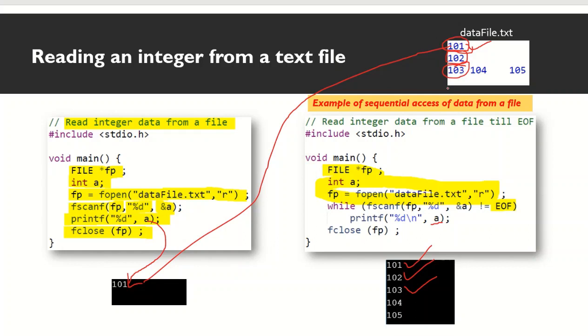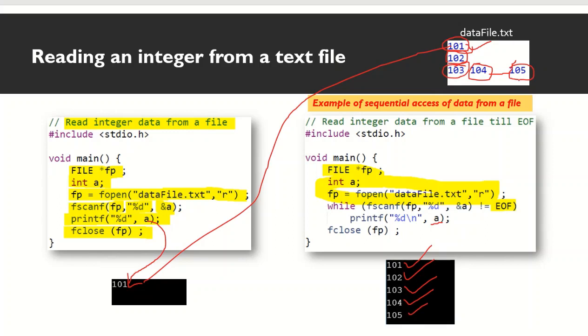Then it will skip the white spaces in between and read the fourth value, and that is printed. And there is actually a tab in between 104 and 105. It will skip that tab and read the next integer value 105, and that is printed.